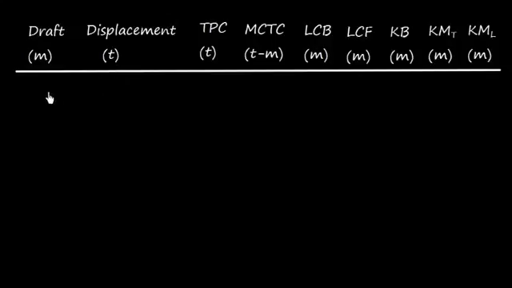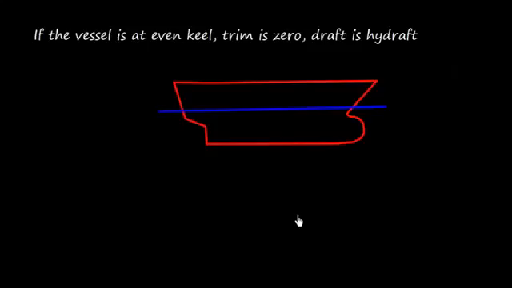So all the hydrostatic particulars in a ship stability booklet are tabulated against the hydrostatic draft, and that is the draft at the center of flotation. And center of flotation is the point where the ship trims.